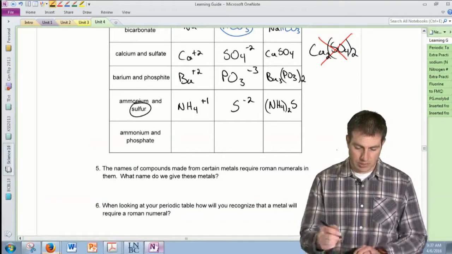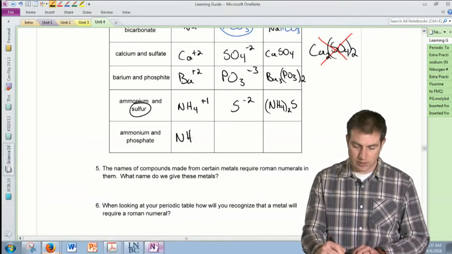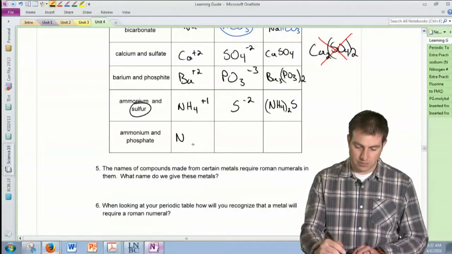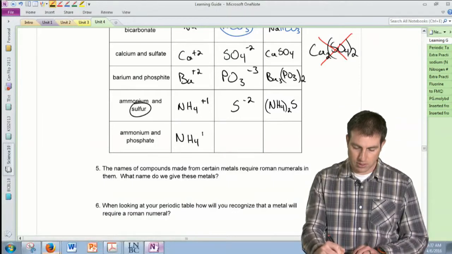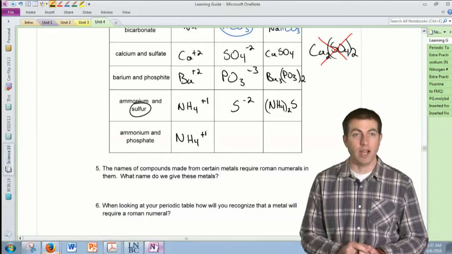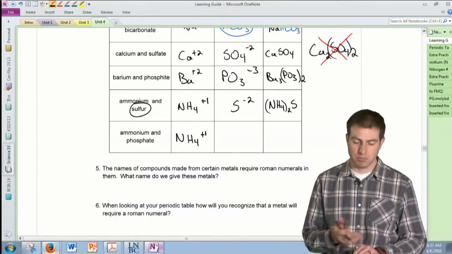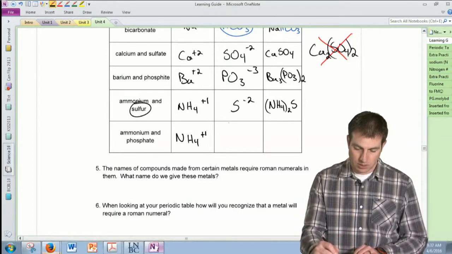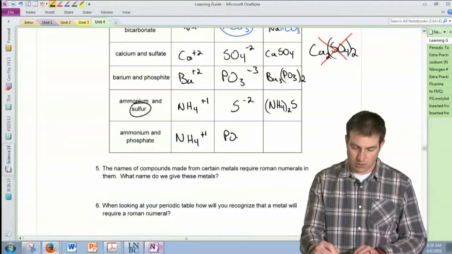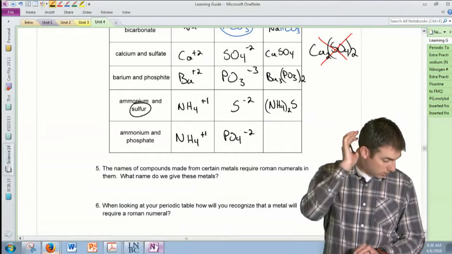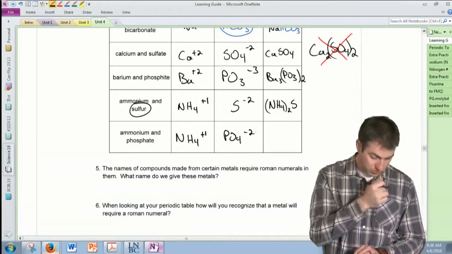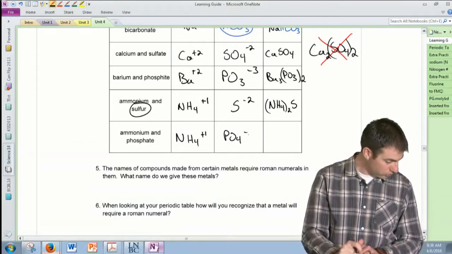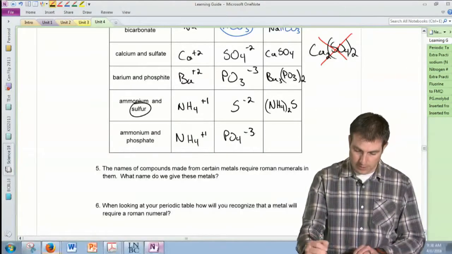Another really interesting thing, I might as well finish this off, is we can have 2 polyatomic ions bonding together. If we have ammonium and phosphate, phosphate, PO4 minus 3.